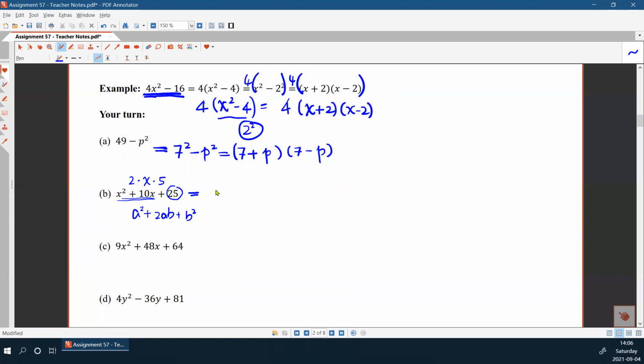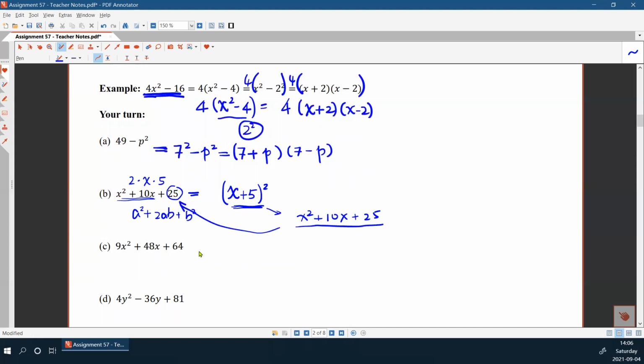So this can be written as x plus 5 squared, right? Remember that you can always verify your result by expanding the factored form back, which is x squared plus 10x plus 25, which should be exactly the same as the original expression.